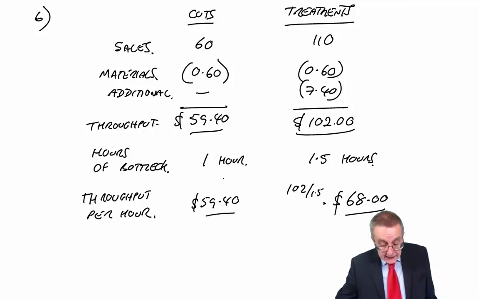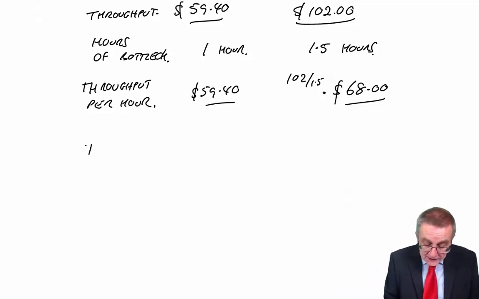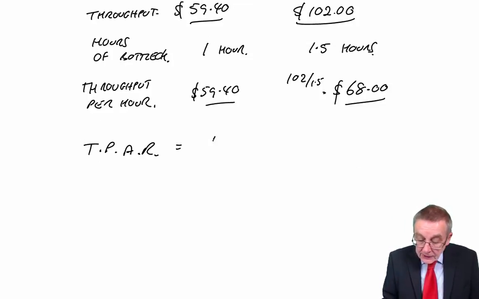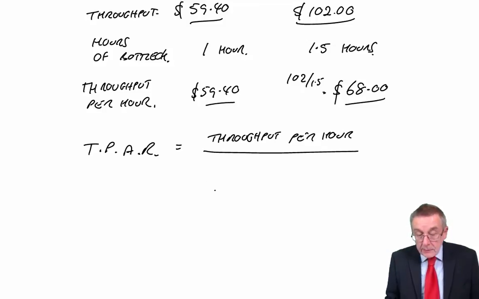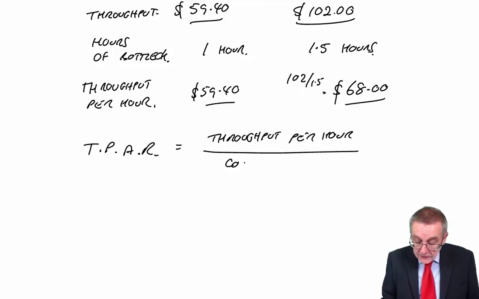We're not there yet. The throughput accounting ratio itself is the throughput per hour, which we've just calculated, divided by the total costs per hour.